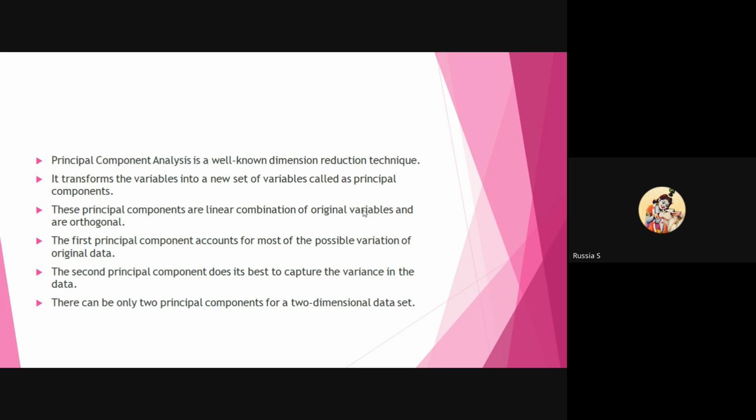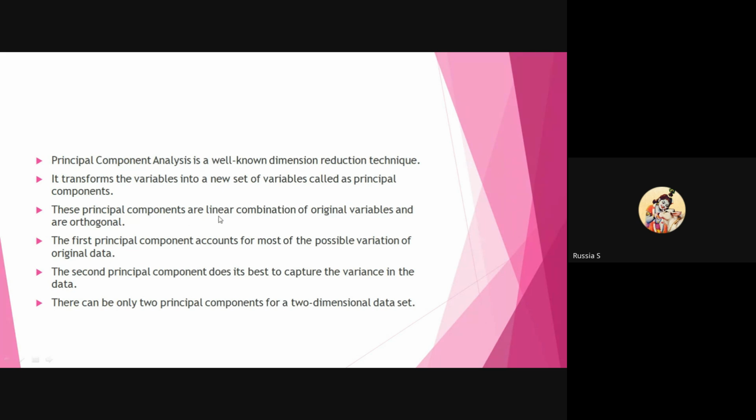Principal component analysis is a well-known dimension reduction technique. It transforms the variables into a new set of variables called principal components. This is the important point: it transforms the variables or features, both are the same, into a new set of variables called principal components.